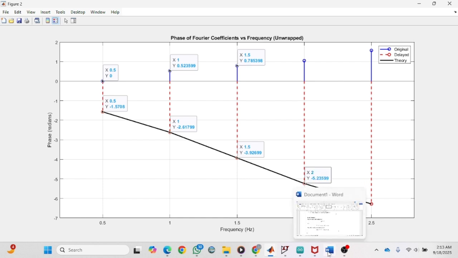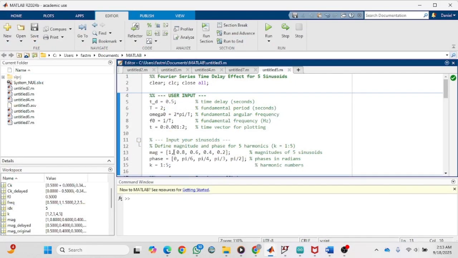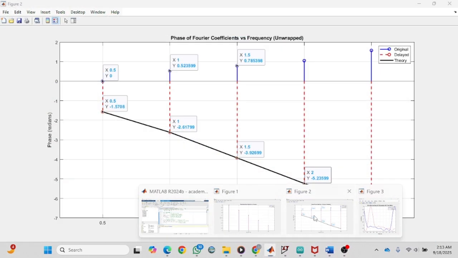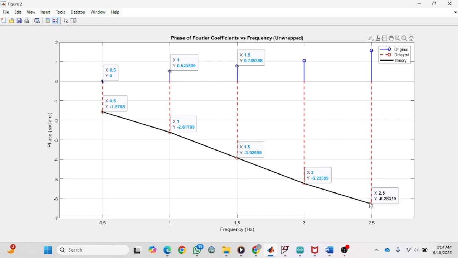And then the last one, just for good riddance, k is 5, and the phase for the fifth one is pi on 2. You should get minus 6.28. Yep, everything is perfect.